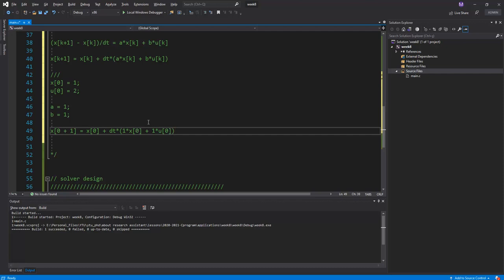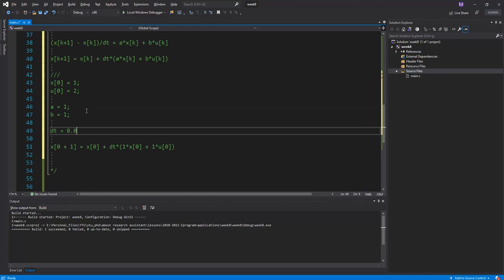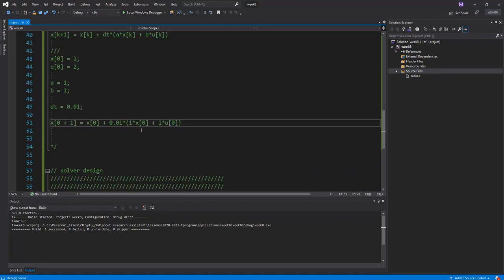Okay, these are general notation, and so dt is equal to what? 0.01, and so we can replace this value with this one. Okay, and so in conclusion we can calculate this phenomenon by using iteration techniques, because x and u are given to us, and so we can calculate the x1 value.